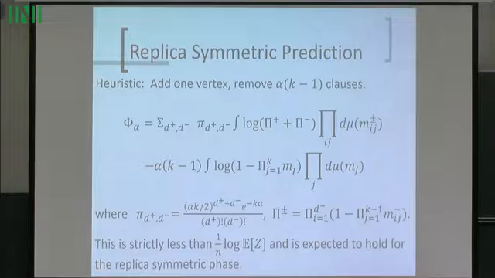And so this is the replica symmetric prediction, and it's strictly less than what you expect for the normalized log expected value. And so this is expected to hold for the replica symmetric phase up to the condensation threshold.